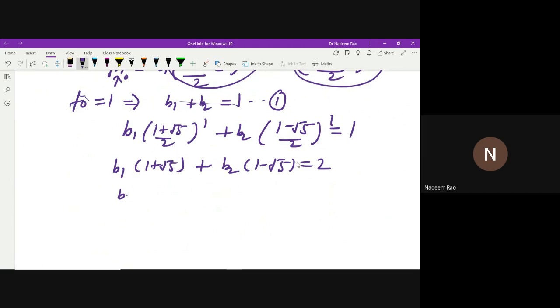So by this we will get, on simplification, this equals 1.